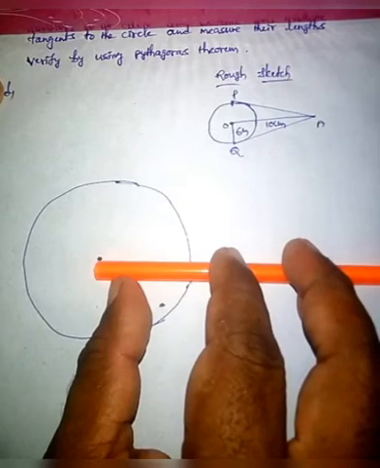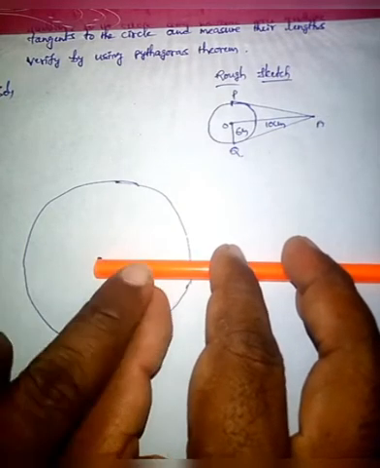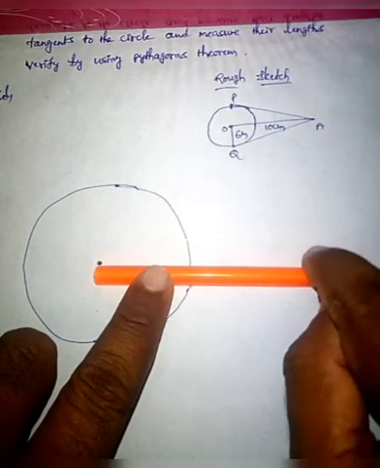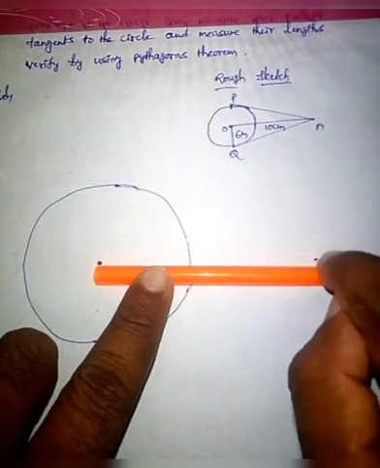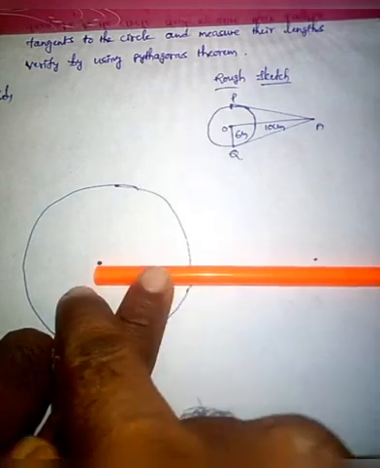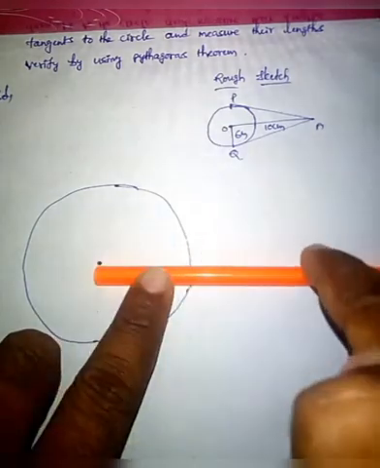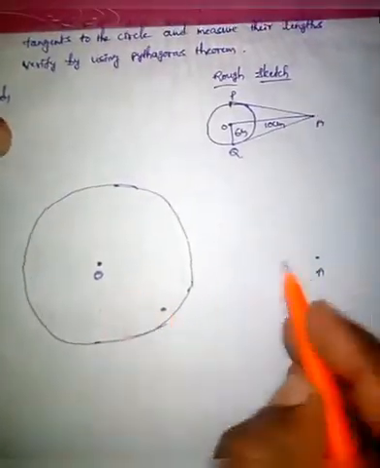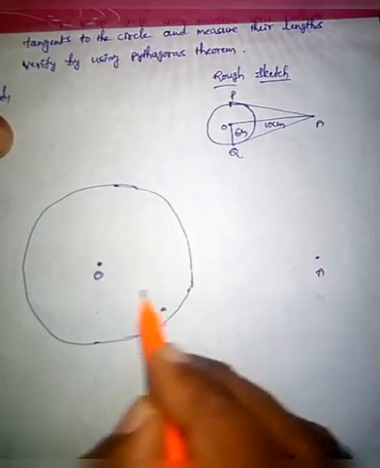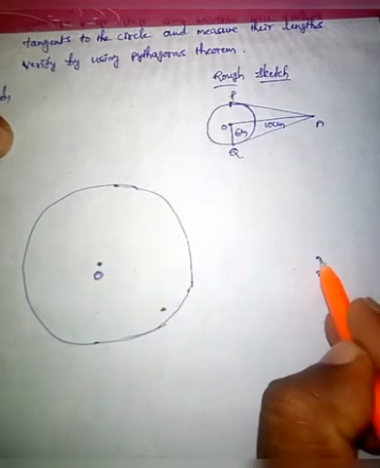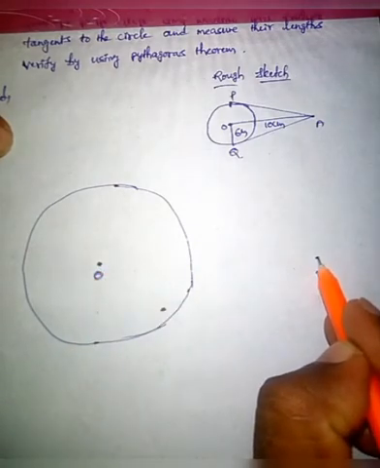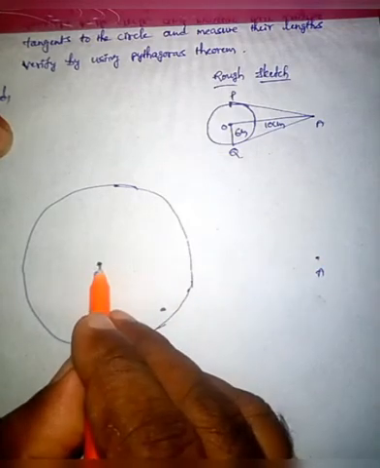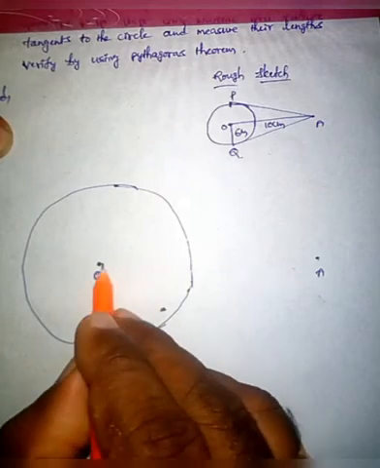The 0 point coincides with this point, and mark this point exactly at 10 centimeters. So the distance between this point and this point will be 10 centimeters. Name this point as A. This point is 10 centimeters away from the center of the circle.